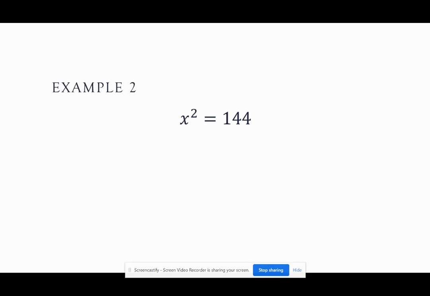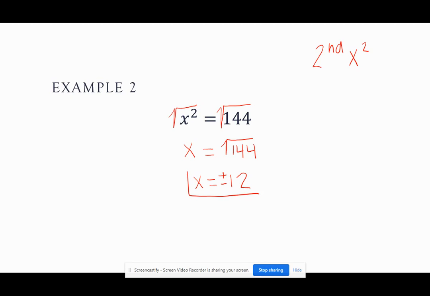Example 2, we have x squared equals 144. First step, I know it's a square root, so I just need to place the radical sign over top. When I square root a square, the x gets released, and I just have the square root of 144. When I do second x squared in my calculator, 144, I get 12. The square root of 144 is 12. I add my plus or minus sign and I box my answer.